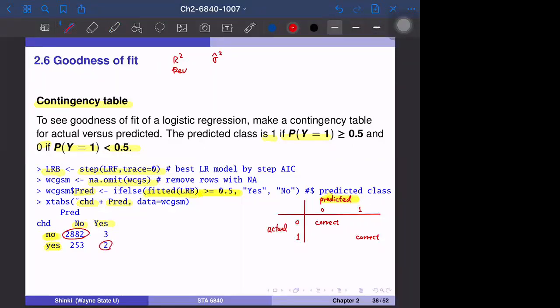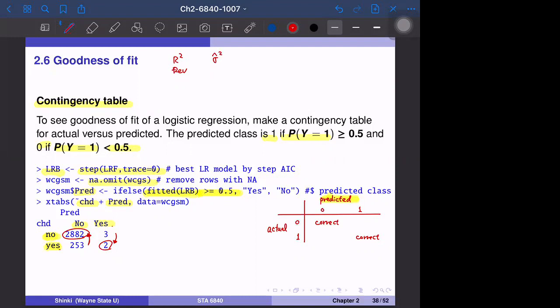So this and this are correct. If we think about the people who are predicted as no, most people are actually no. And if the predicted class is yes, a little less than 50%, but still 2 out of 5 volunteers actually have yes.